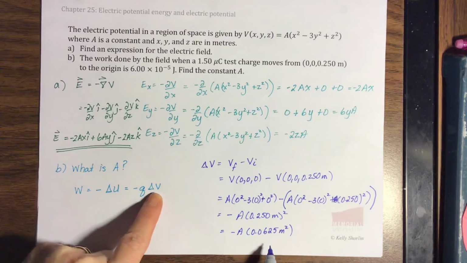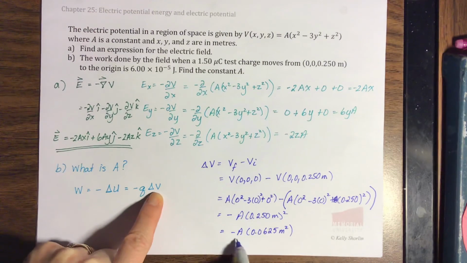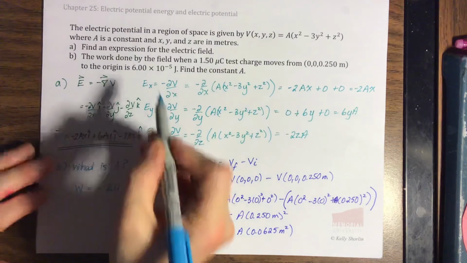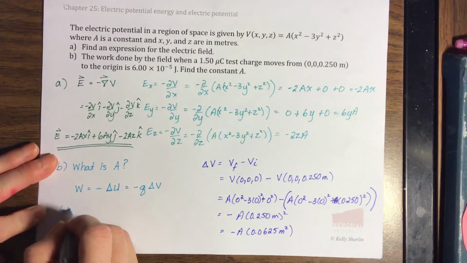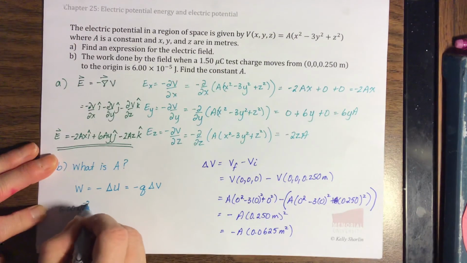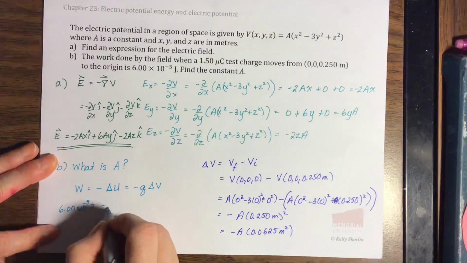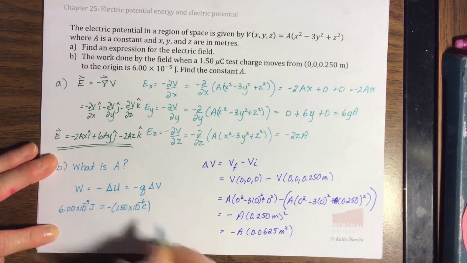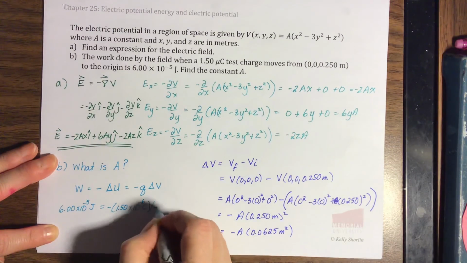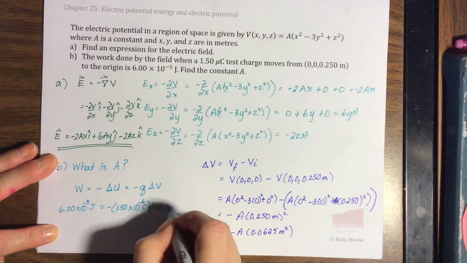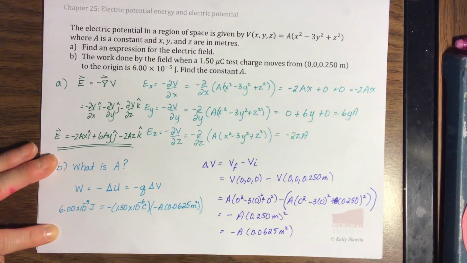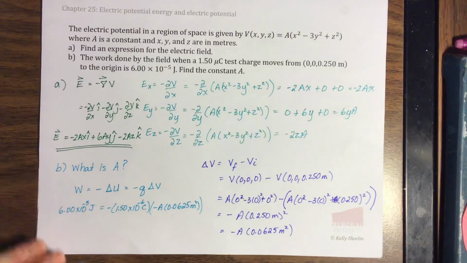Okay, this is what I'm going to plug in for my delta V, and then probably you notice that the only thing we don't know is A, so we'll be able to solve for our A. Let's fill in our work. 6.00 times 10 to the minus 5 joules equals minus Q, 1.50 times 10 to the minus 6 coulombs, times delta V, which is minus A, times 0.0625 meters squared. Okay, I think I'm good with my exponents.